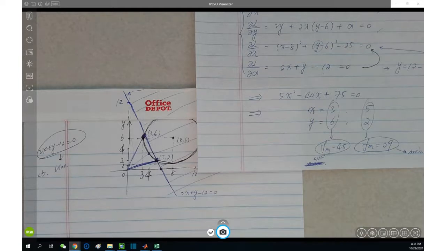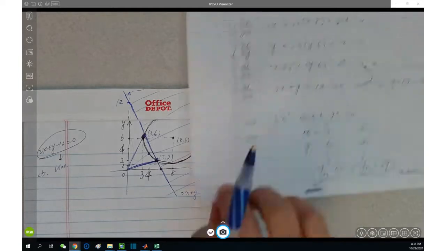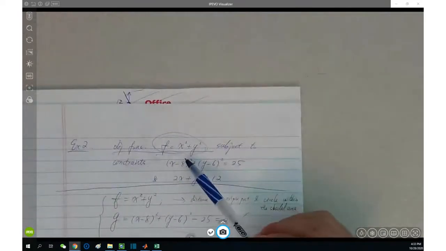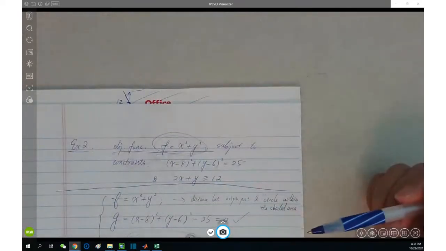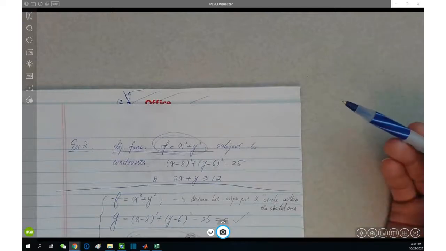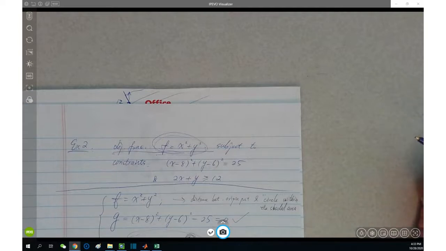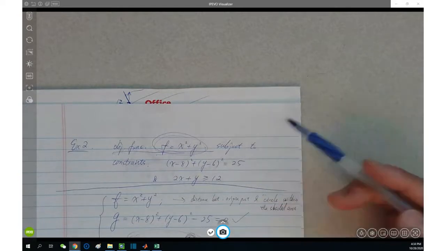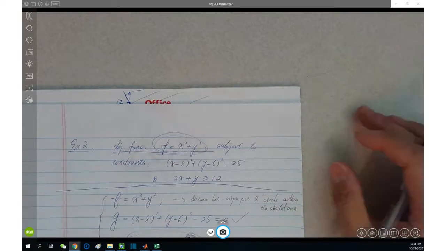Like I said, your objective function this time is not square root. Oh, okay. In your example one, take a look at it. The objective function is square root. So it's all up to what objective function you have. Here it's not asking for square root, so we don't do square root.